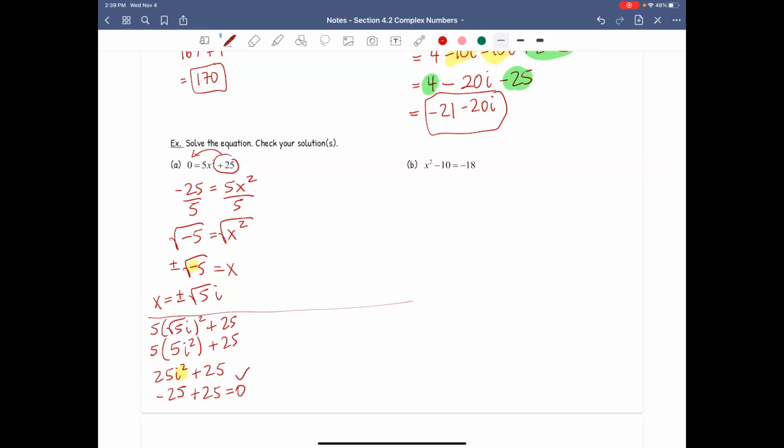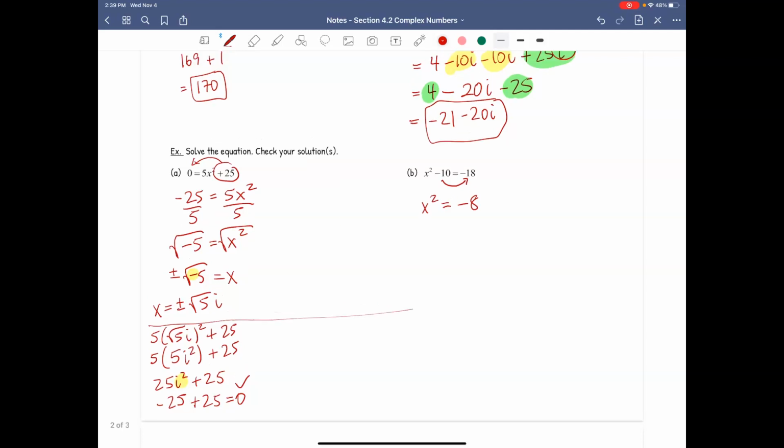For letter B, we again want to isolate that x squared term first. And so that means we're going to move that negative 10 to the other side. And so it's going to become positive 10 combined with a negative 18 is going to give me x squared is equal to negative 8. Again, here we will take the square root of both sides and get x is equal to a positive and a negative square root of negative 8.